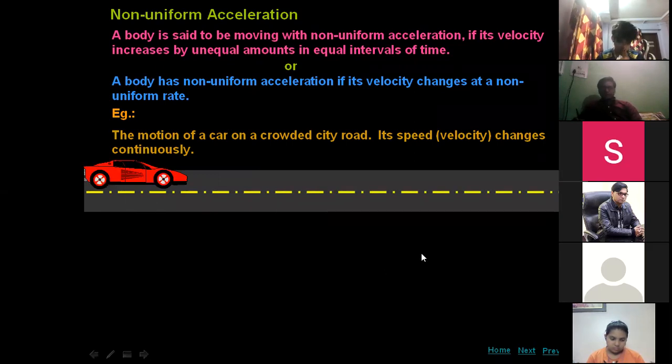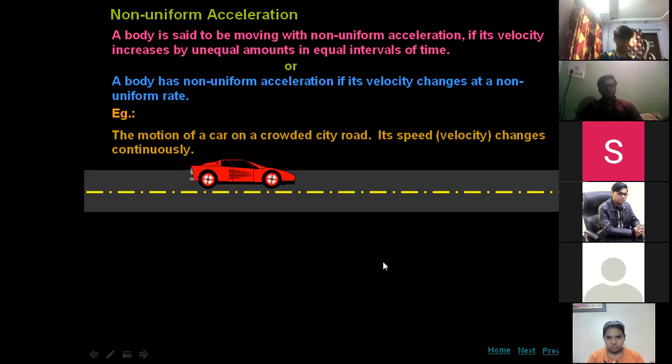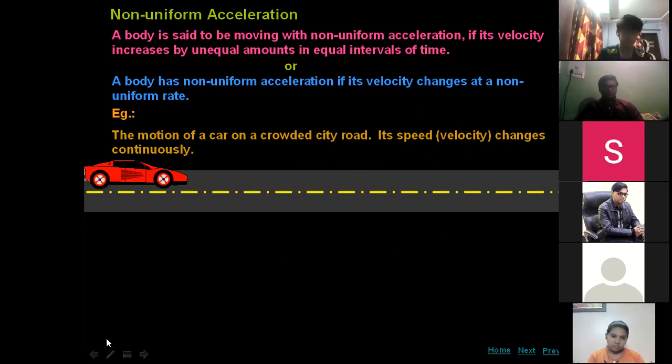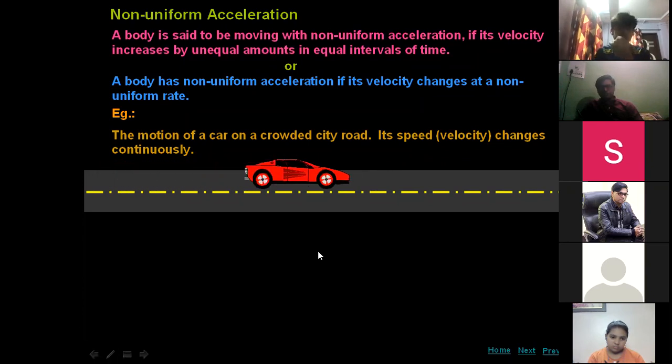So there is a car on the straight road and it is moving. What did you notice in this example, students? Again, watch it carefully. There is a car which is moving along the straight road. Come on, Akshit, can you tell me what you noticed in the motion of the car?